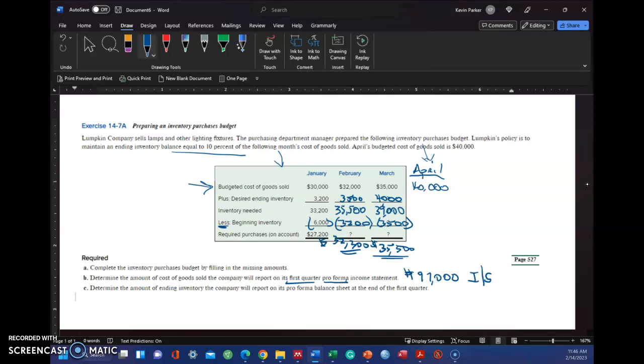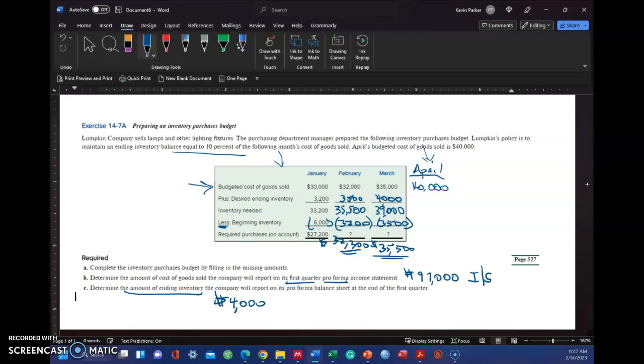What we want to know on the balance sheet is what you've got right now. Imagine taking out your cell phone and taking a snapshot, a picture of that moment. When we look at the amount of ending inventory, we're looking at the ending balance for March. So desired ending inventory, March, 4,000.